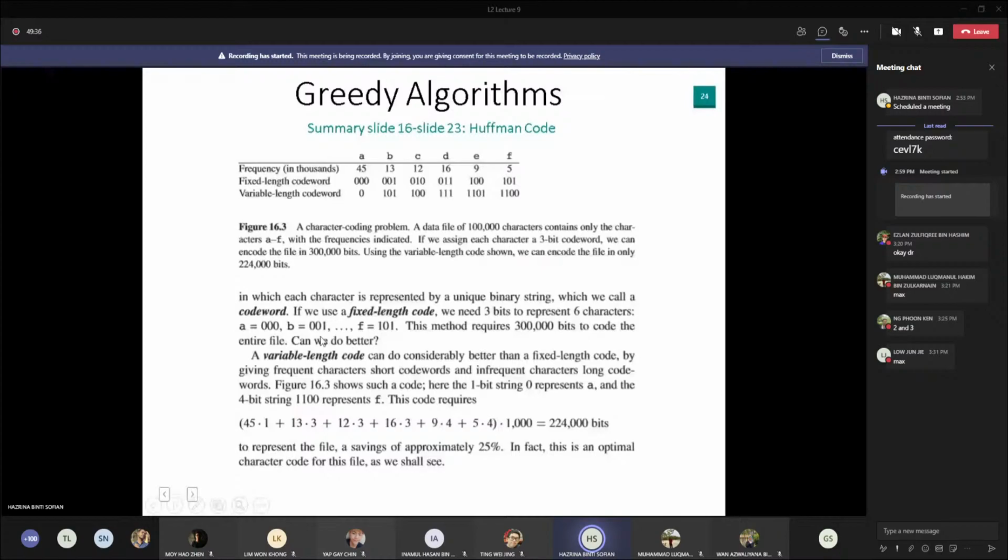So when we use the Huffman code, we can do better, to get down to 224,000, which will be able to save approximately 25% of the memory space. So again, today we learn that selecting a suitable algorithm can also save the memory space.